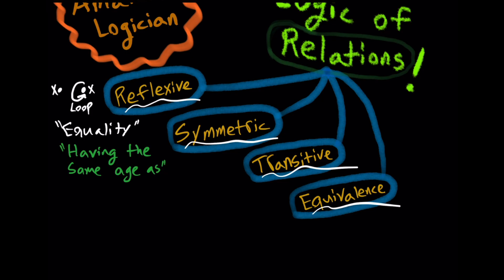That is likewise reflexive. And we could utilize the language of predicate logic to express that proposition. For all x, x has the same age as x. The upside down A represents for all or for every. X is the quantified variable, which can stand for anything whatsoever. For all x, x has the same age as itself.